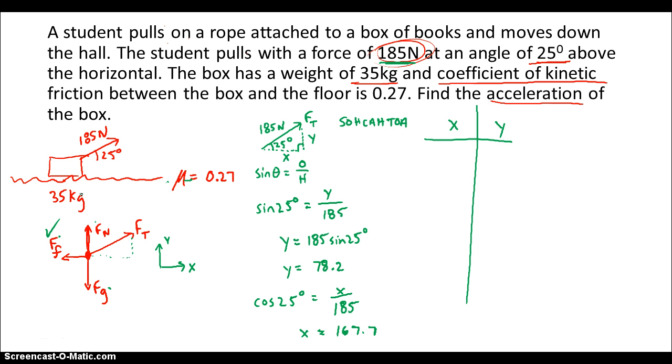Force of friction is in the negative x direction, and it has no component in the y direction. Force of gravity is in the negative y direction. It has no component in the x direction.